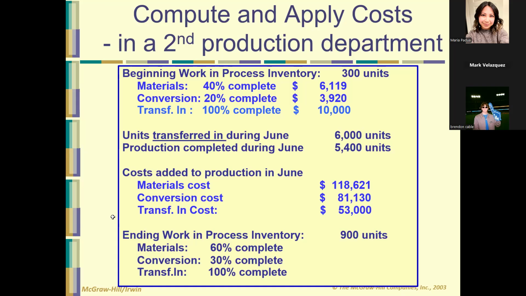Then 90,000 divided by the 20,000 gives us this lovely number.